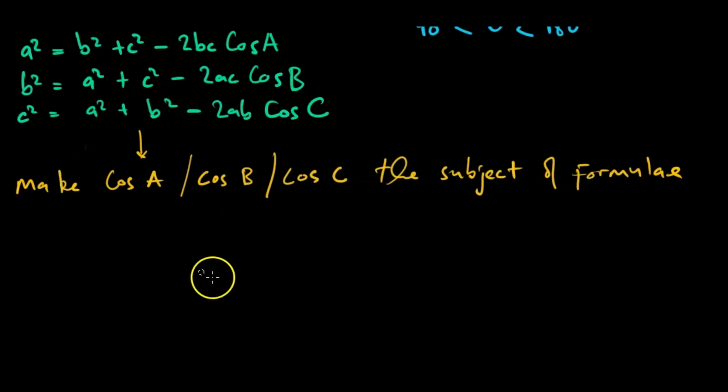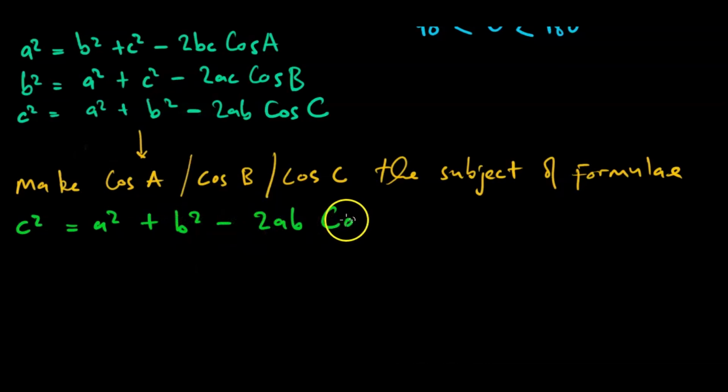We have said that. So our task here is to make, let us take for example, c squared is equal to a squared plus b squared minus 2ab cos C. What we want to do is make cos C the subject of formula, so that once we have that formula it takes us directly to an angle.